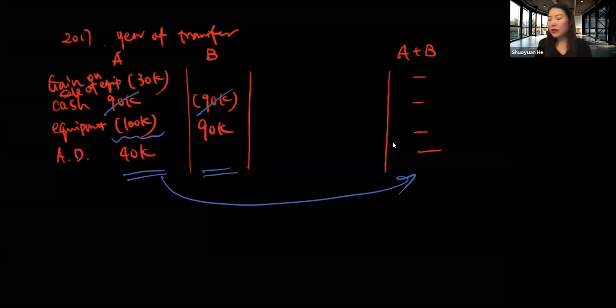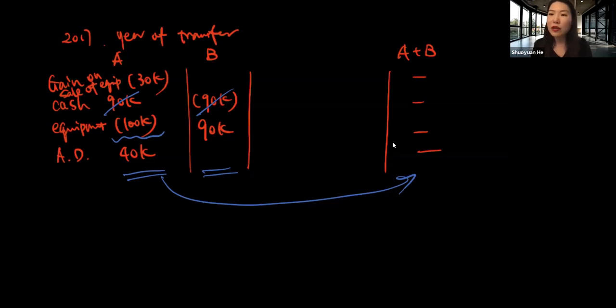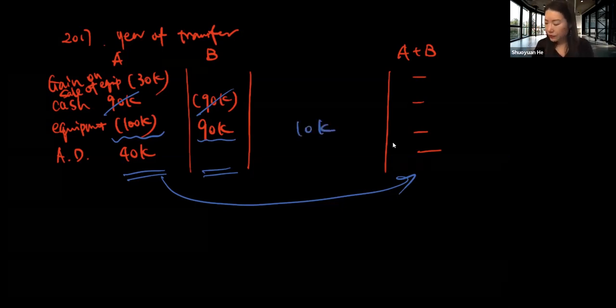The original cost of the equipment is 100,000, and when Able sold the equipment, it wrote off the 100,000 cost. But when Baker received the equipment, it recorded it at 90,000. So the equipment is undervalued by 10,000 here. To mark it up, we debit 10,000 for equipment.